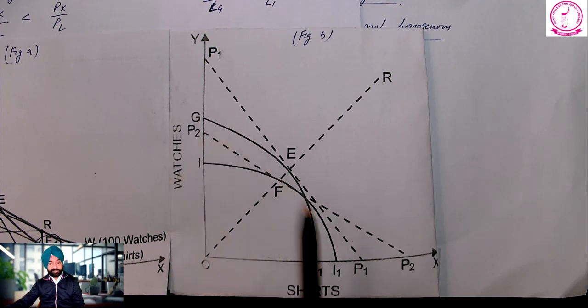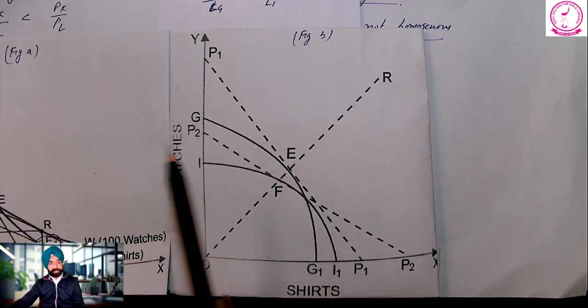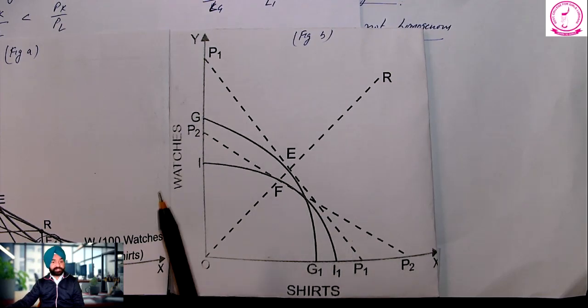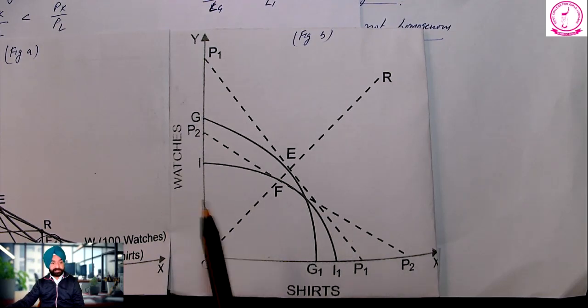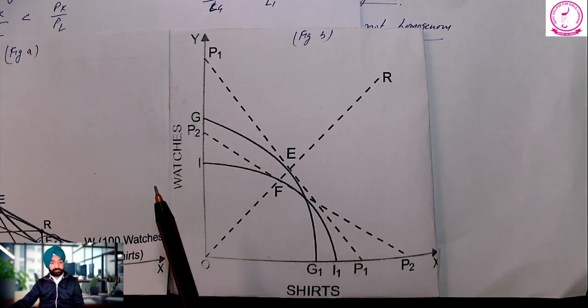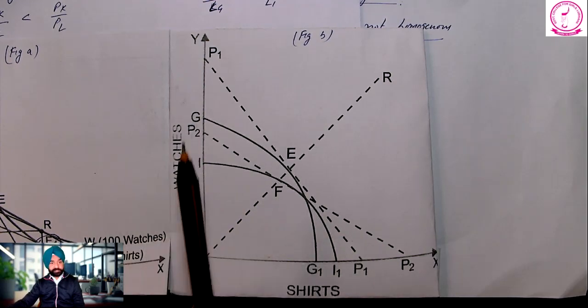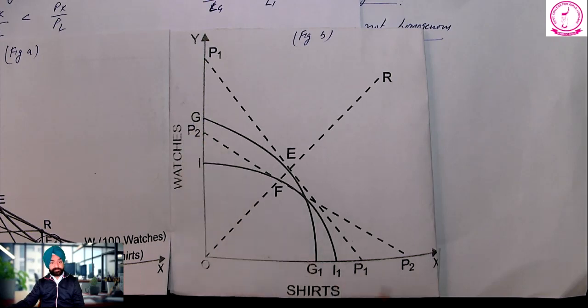Now here P1 and P2 are again price lines, or you can say cost lines, budget lines maybe. We cannot go beyond that. So this P1 cost line is related with Germany, and this P2 is related with India.